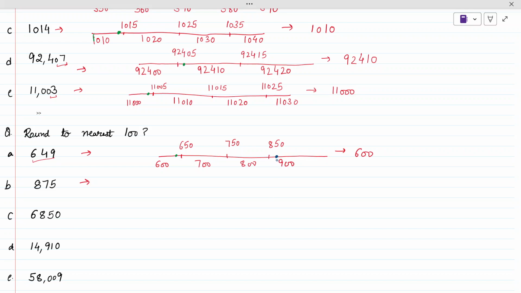Now this 875 is more near to 900 than 800. Also, it is more than half. 850 से जो कि इन दोनों का half था उससे ज़्यादा है. It is more near to 900. That means the nearest multiple of 875 will be 900. Right? Yeah.